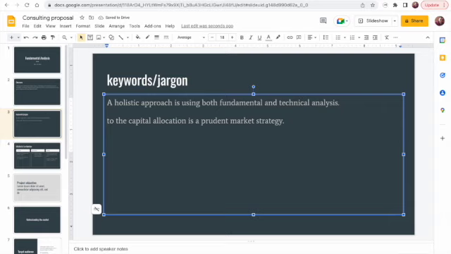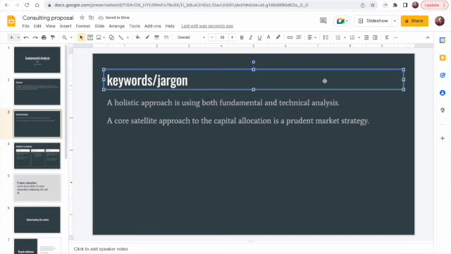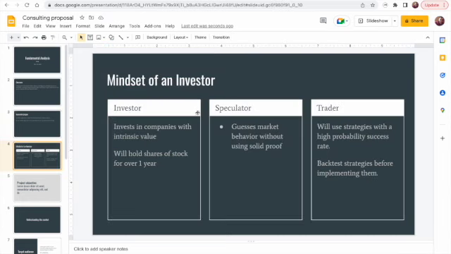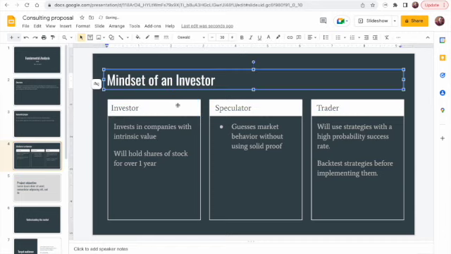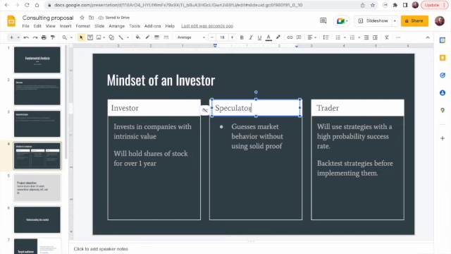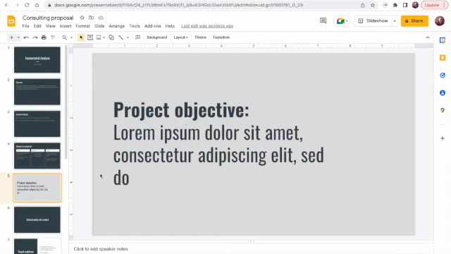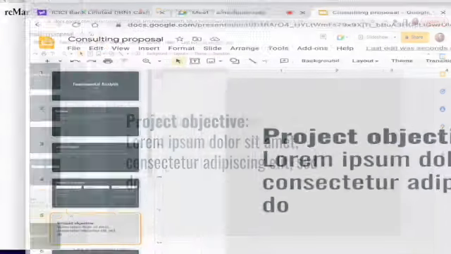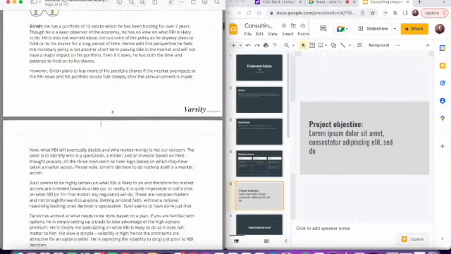And let's say a core satellite approach to the capital allocation is a prudent market strategy. That sounds much better. And we said the mindset of an investor, and of course we're biased. We're saying be an investor, not a speculator, not a trader, be an investor. And so now we're going to get into more chapters.